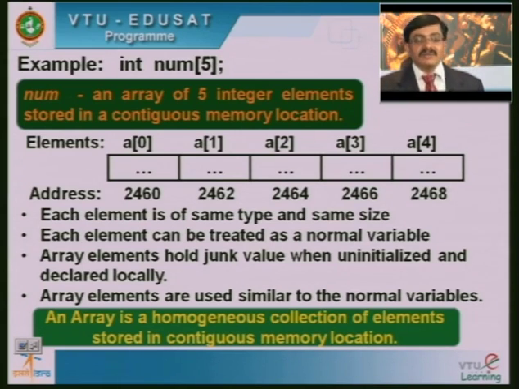At this point we restrict ourselves to homogeneous collections of elements, all stored in a continuous memory area. It is not like A of 0 is stored at 2460 and A of 1 at some other address like 3000 and so on. They are in a continuous memory location. So we define an array as a homogeneous collection of elements stored in a continuous memory location.